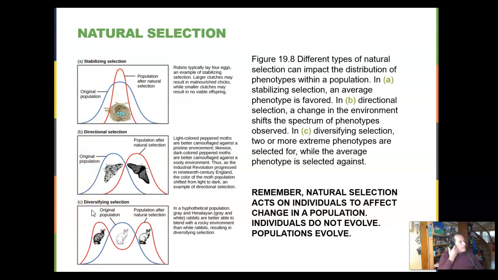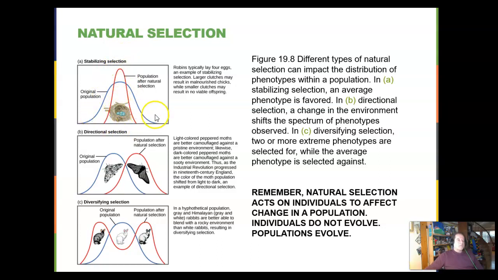All right. The deal with stabilizing selection is that individuals with either extreme of a character tend to be eliminated, and the mean value of that character is what's rewarded. So it favors a mean value, and more individuals fall on that mean value.